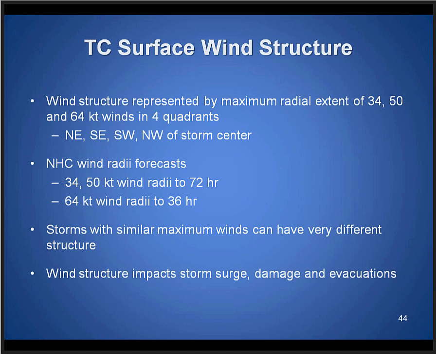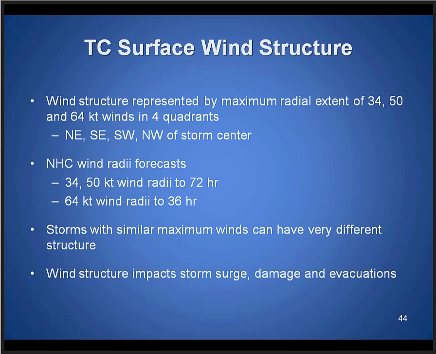That is the extent of tropical storm force winds, 50 knots, and hurricane force winds. We do an analysis of that by quadrants, and it's the maximum radial extent in that quadrant of each of these 3 wind thresholds. So we don't have a full 2-dimensional depiction. It's a fairly crude rendition, and it's in part because we typically don't have a lot of observations to better specify the wind structure than this fairly crude depiction.